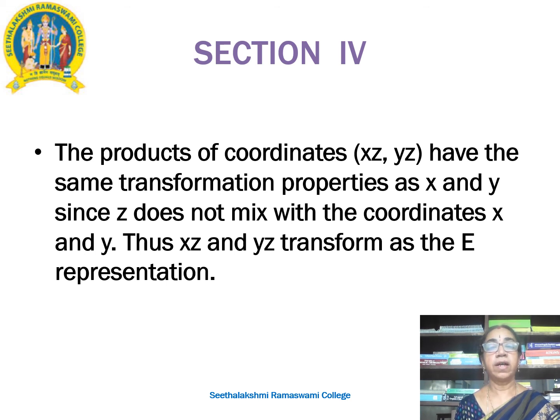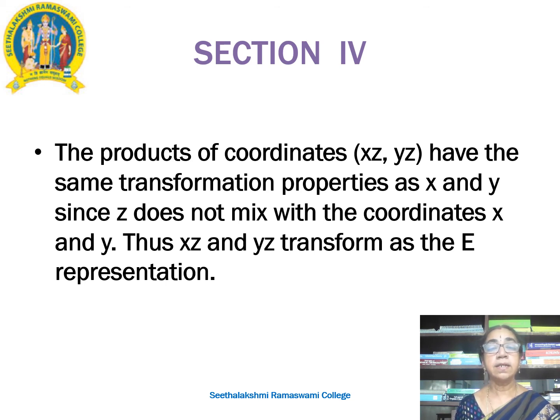So, the final step is derivation of section 4. Here, the transformation of products of coordinates have to be determined. The products of coordinates xz and yz have the same transformation properties as x and y, since z does not mix with the coordinates x and y.